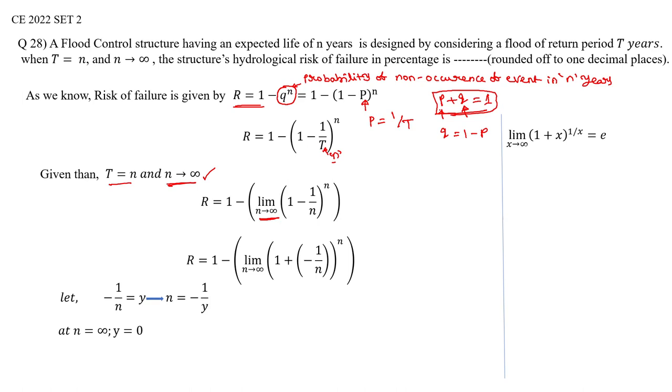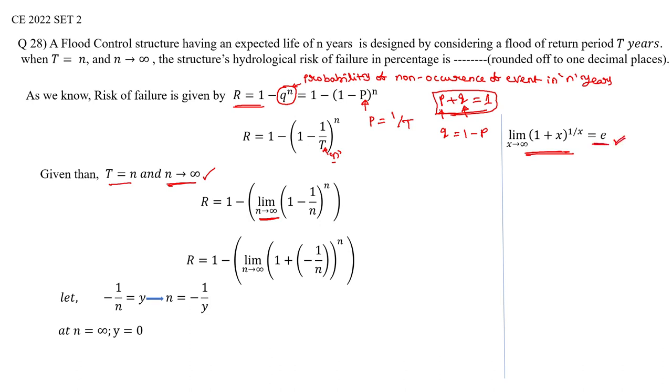Now we take this minus inside and put the plus, because we have a result from BTech mathematics: when limit x tends to infinity, (1 plus x) whole power 1 by x gives the value of e.